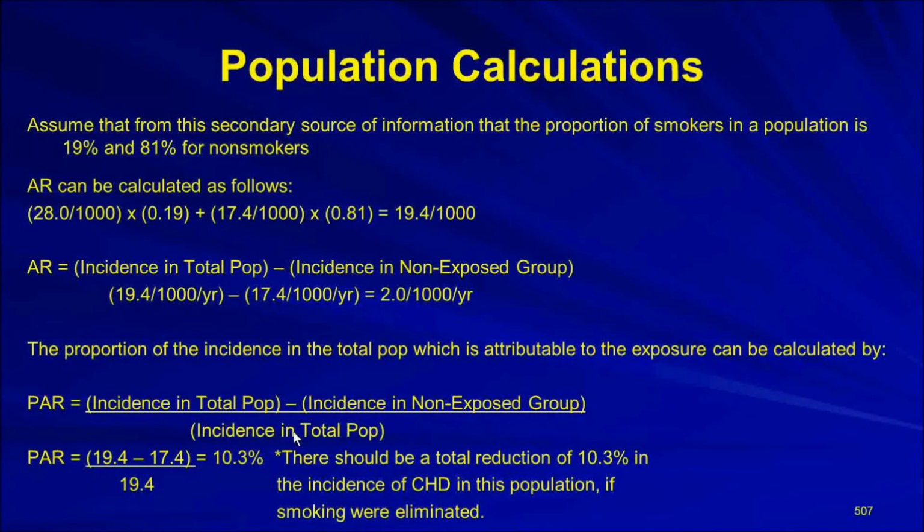So instead of 37.9, we have 10.3. So there should be a total reduction of 10.3% in the incidence rate of coronary heart disease in this population if smoking were eliminated. Well, that's a huge difference in terms of what we got before. So our sample is not very representative of these better data from all over the United States, in terms of the percentage who smoke.